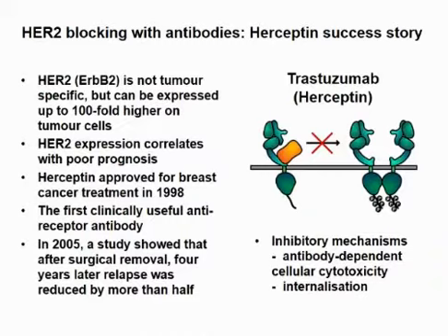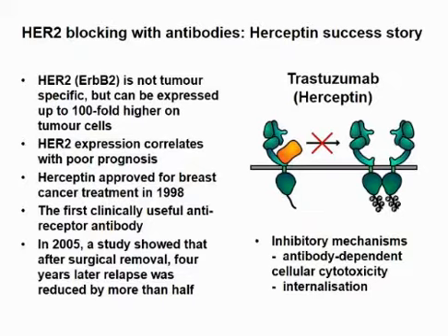And as I've already mentioned, having amplification of HER2 on your cancer was a really bad thing. But Herceptin was approved in 1998 to treat the breast cancers, and it was actually the first clinically useful antibody to a receptor. And in 2005, a study showed that after surgical removal, if you were treating with this antibody, the relapse 4 years later was reduced by more than half.